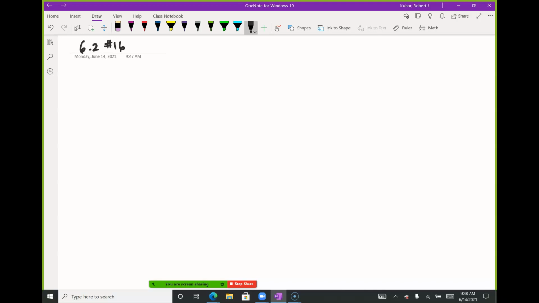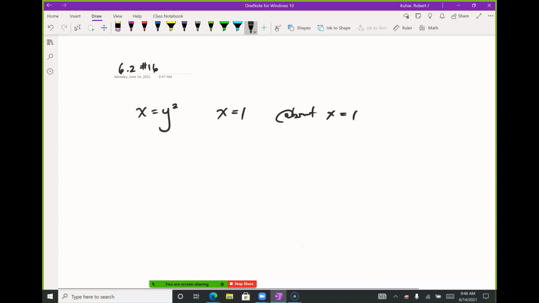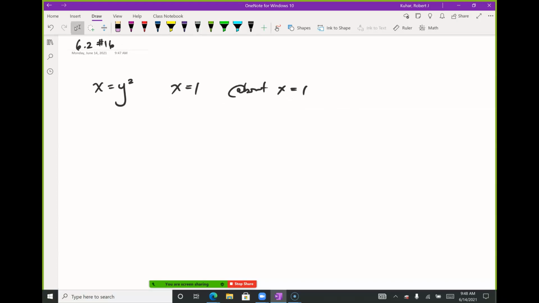16, I've got the line x equals y squared, x equals 1, about x equals 1. Well, x equals y squared, if I solve for y, I get y equals plus or minus square root of x.